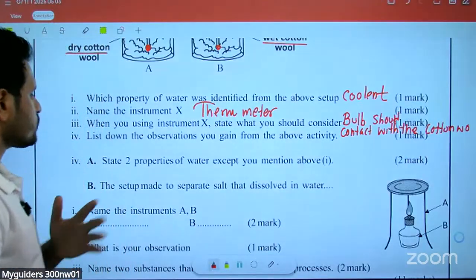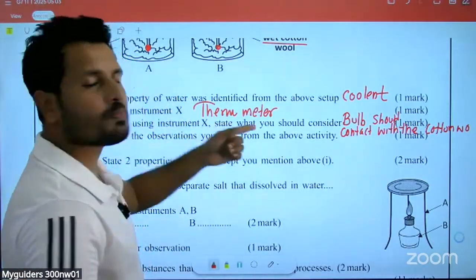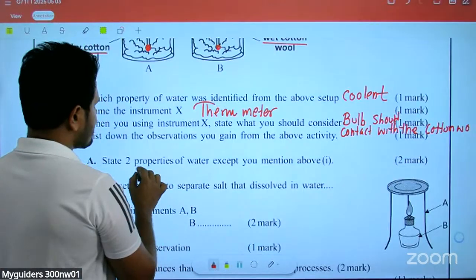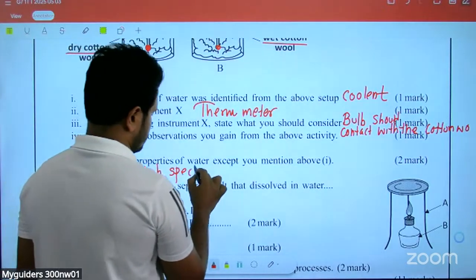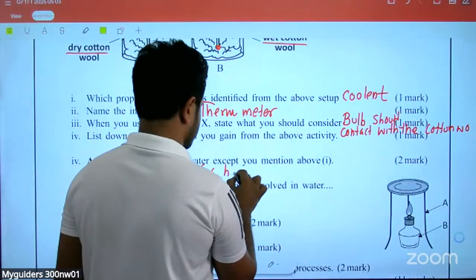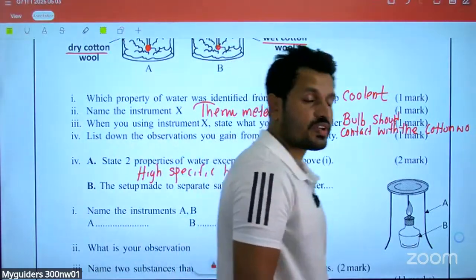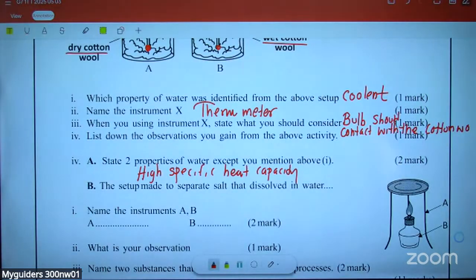Fourth one, state two properties of water other than the one you mentioned above. That is the coolant property. What other properties are there? High specific heat capacity. You can observe a very high specific heat capacity, normally 4200 joules.